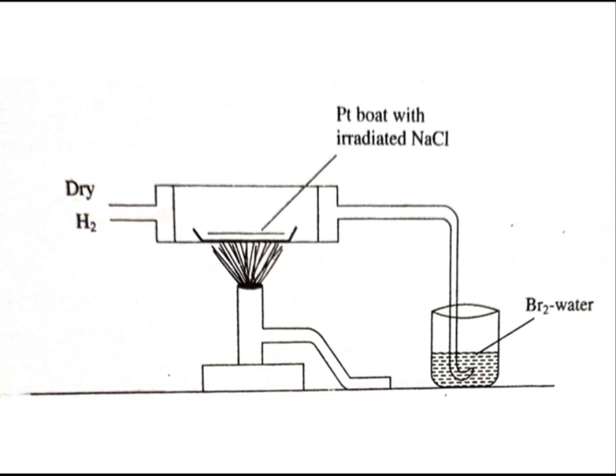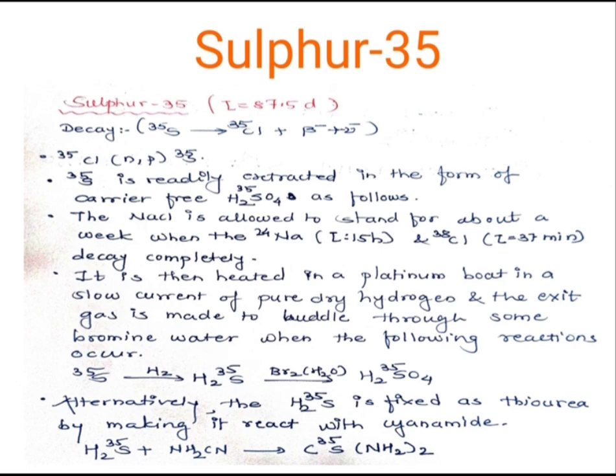The exit gas is bubbled into the Br2 water, that is, bromine water. Pure dry H2 gas is passed over the platinum boat.